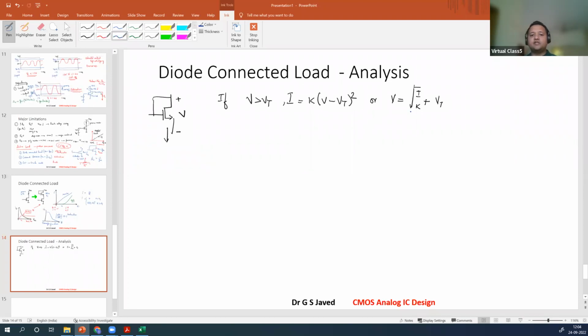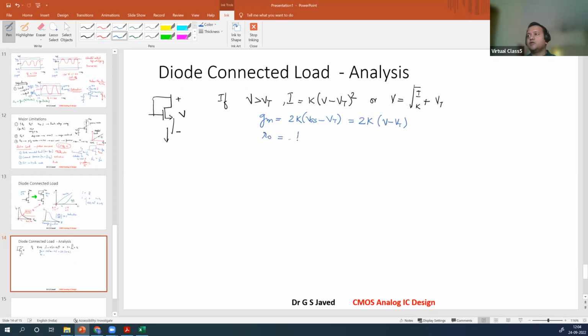Next, find out what is Gm. Gm is given as 2K times (VGS minus Vt), or this is rewritten here as 2K times (V minus Vt). Next, R naught.